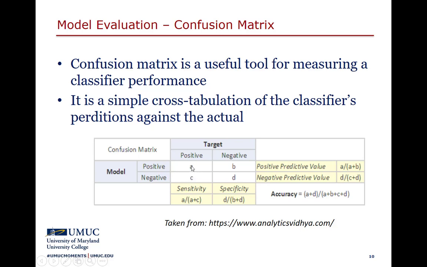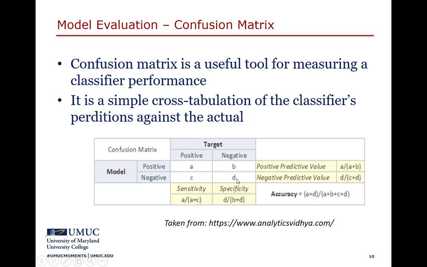For instance, A in this case is the number of cases correctly predicted as positive, and they're also positive in the actual data. Here this cell shows the model predicted positive, but actually it's a negative. So this is a false positive. And here the model predicts negative, but it's actually positive. That means a false negative.